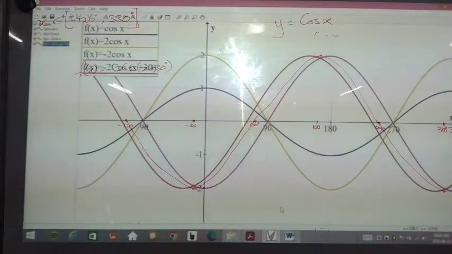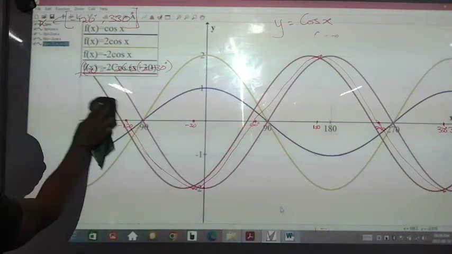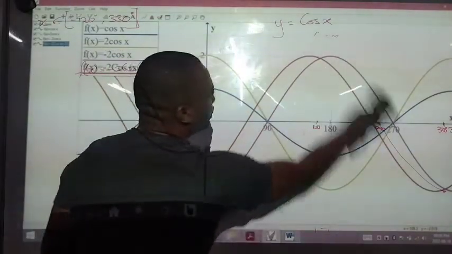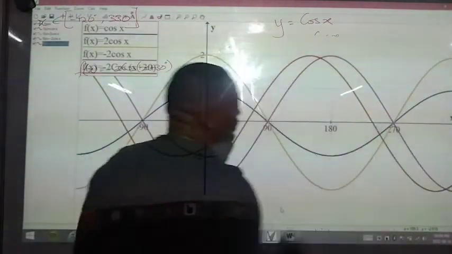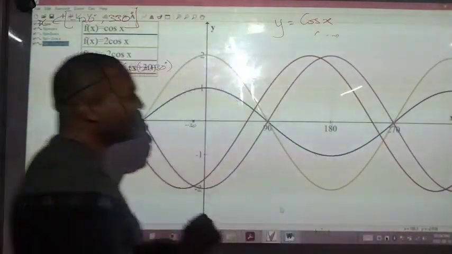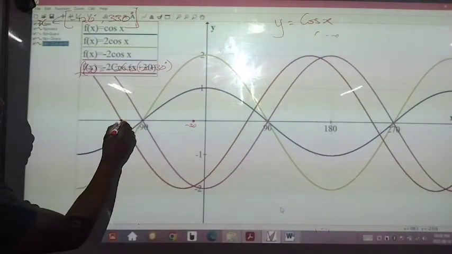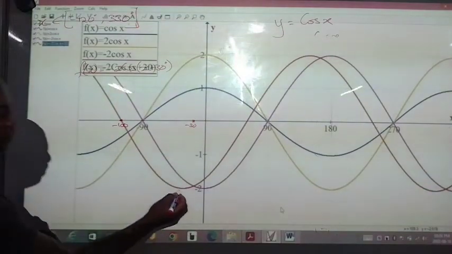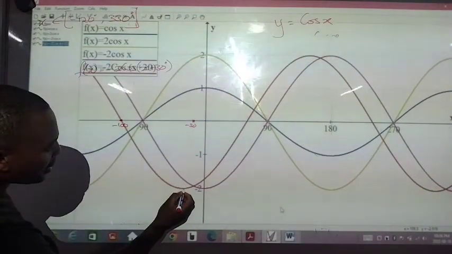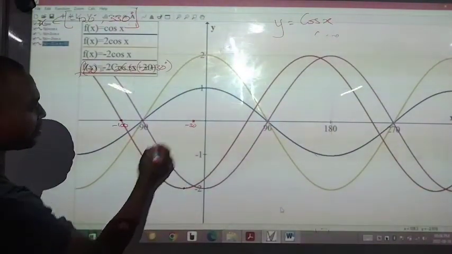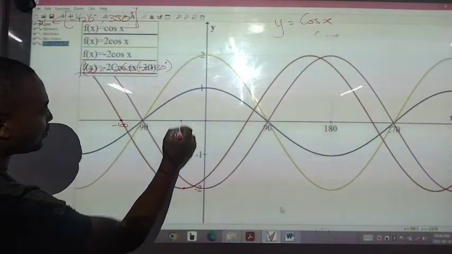All right, so that's how our graph will look. So we are basically saying this is where we have negative 120, that's the critical point. Here, that's where we are having our negative 30.